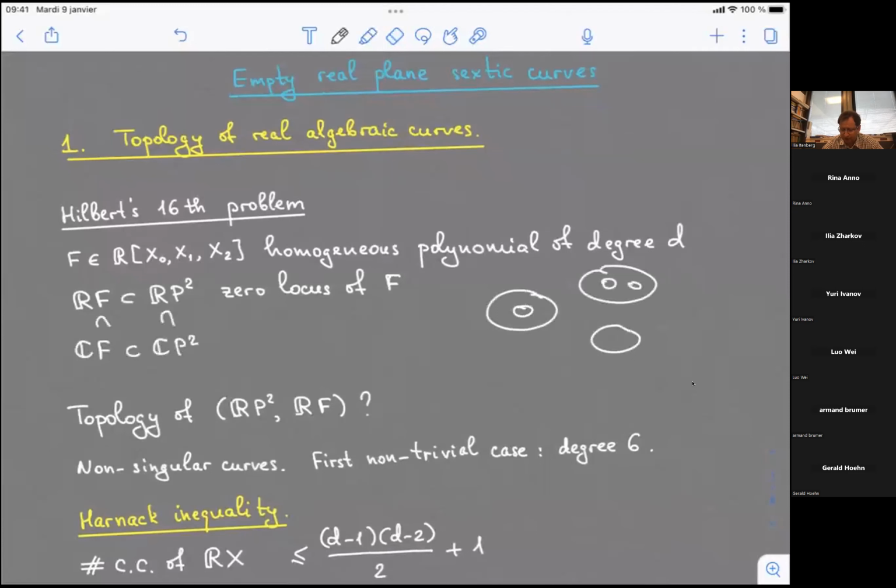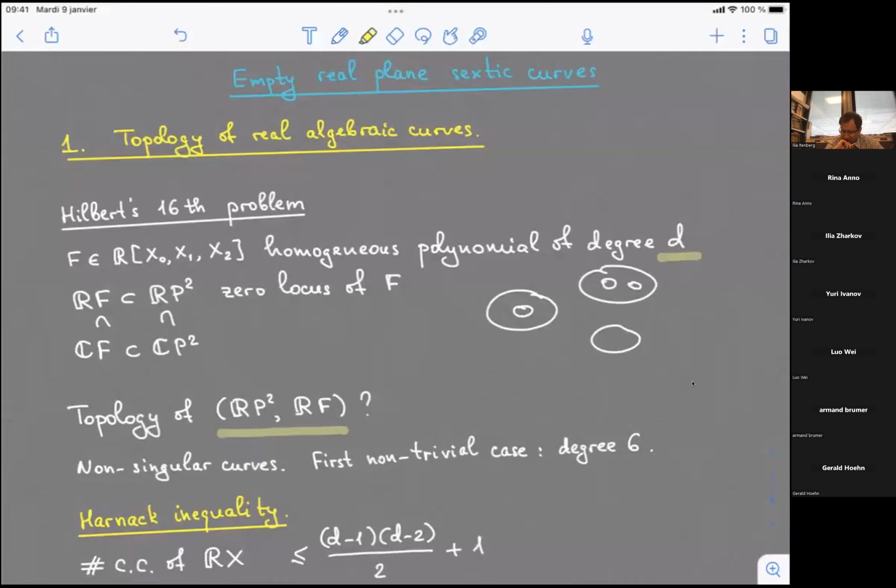So we can ask what kind of picture can we see in RP2 if we draw this zero locus of our polynomial in the real projective plane, provided that the degree is d, so the degree is fixed. And the first non-trivial case is the case of degree 6. So we'll come to degree 6 in a couple of minutes.